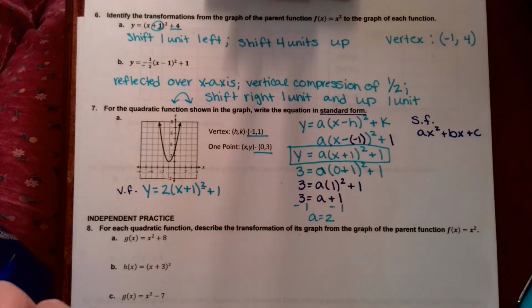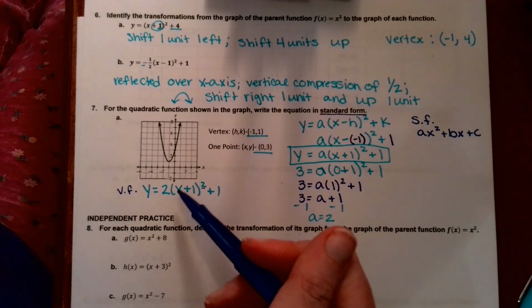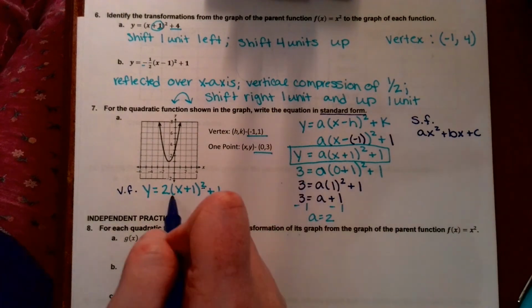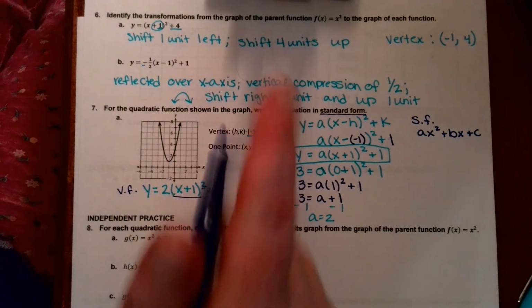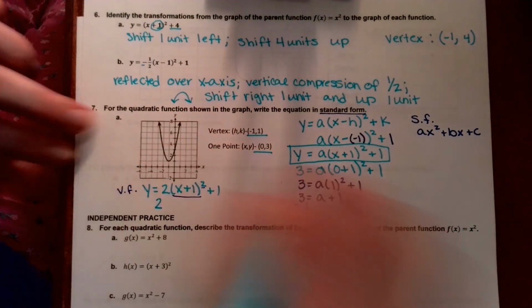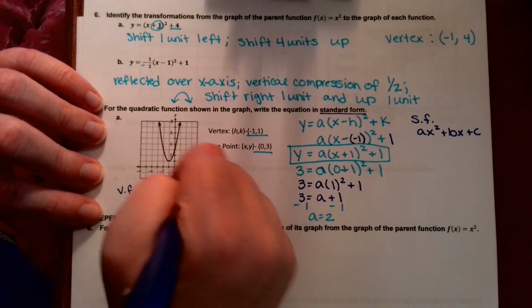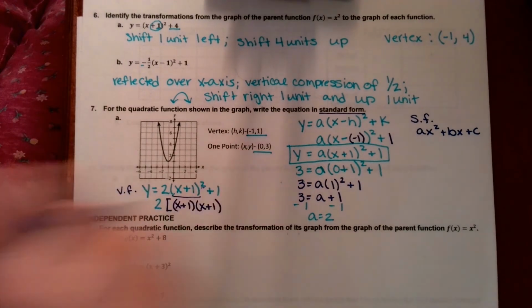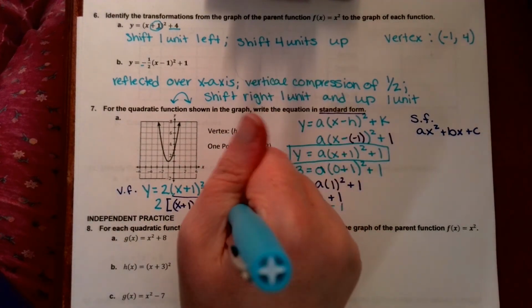Let's use that exponent. Now, I know a lot of people are going to be tempted to do x squared plus 1 squared, but that's not what this says. This says (x plus 1) squared, which means x plus 1 times x plus 1. So we're going to do 2 times whatever x plus 1 times x plus 1 is. And then we'll make sure we add 1 at the end.